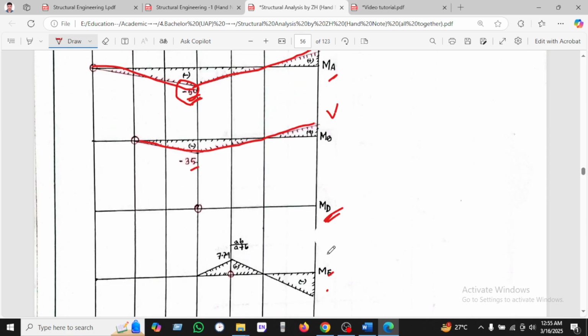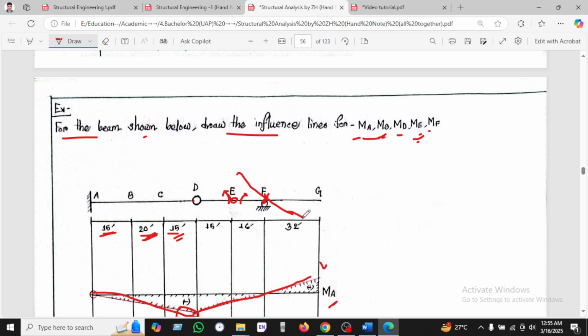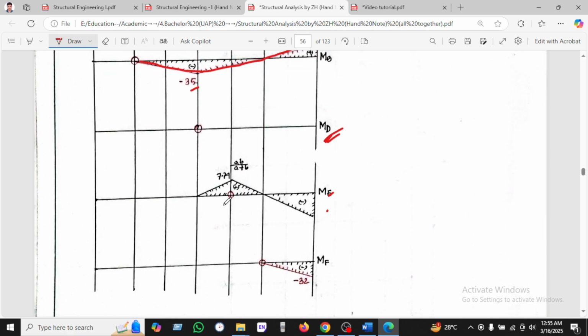The left element will not change as this is the fixed support, but the other element will change as the rotation will be allowed up to the hinge support. So it will be like this. It will be acting like this.